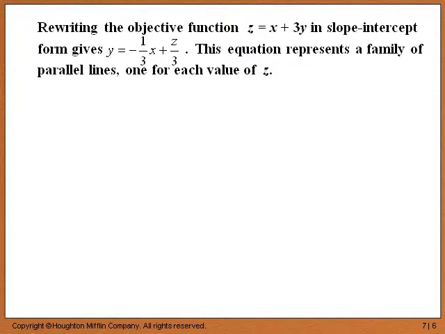And we can easily see that z equals x plus 3y can simply be rearranged to give us y equals negative 1/3 x plus z over 3. This equation represents a family of parallel lines, one for each value of z. Remember that the value of z can vary, and according to this slope-intercept form, when I change the value of z, I'm only going to be changing the y-intercept of the lines.